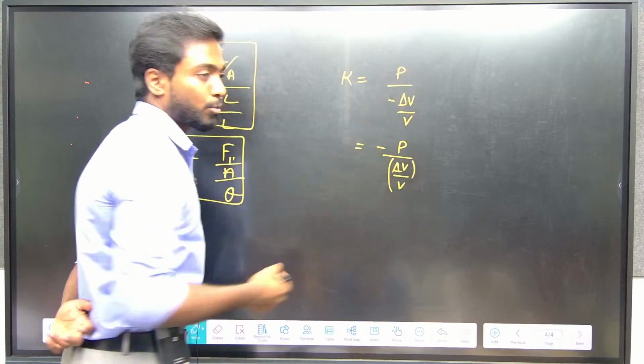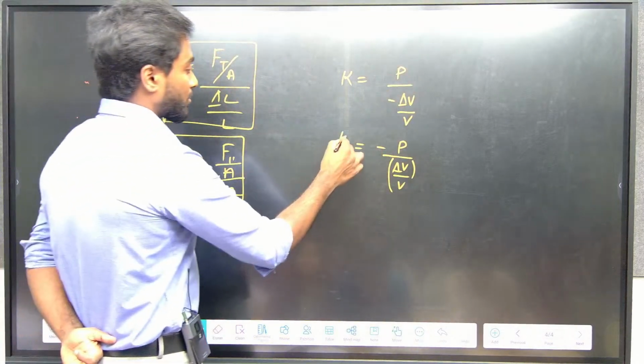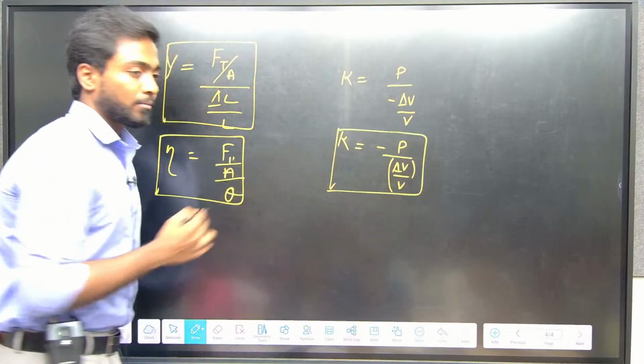I have taken this minus to the numerator, that's it. This is my bulk modulus.